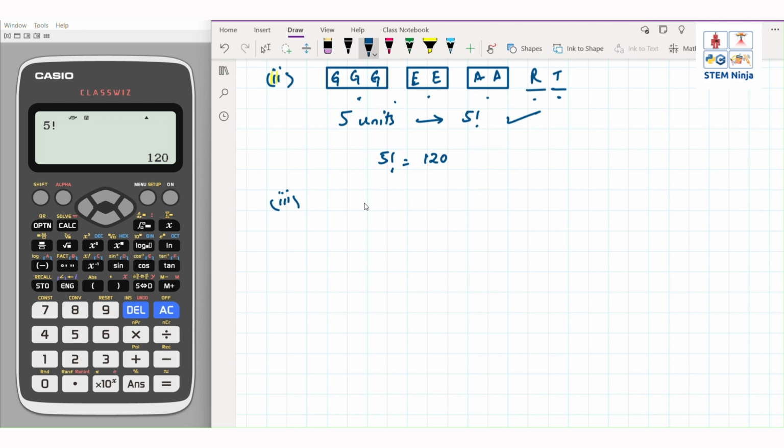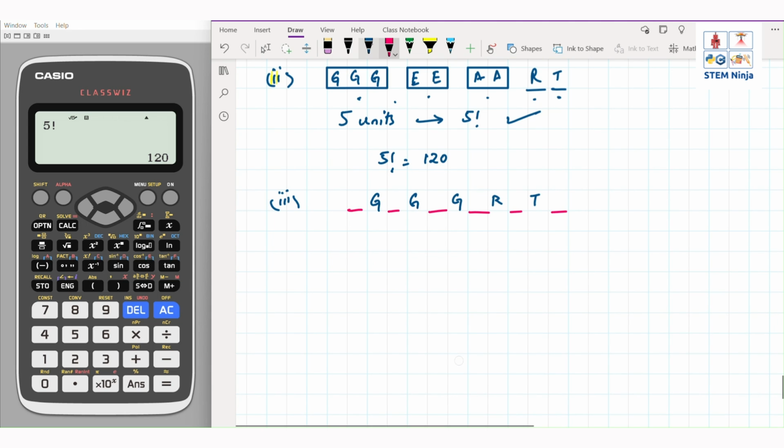We have consonants G, G, G, R, T. Obviously, this is not the only arrangement, but we're just playing around with this. However, for vowels, we can have 1, 2, 3, 4, 5, 6 places for the vowels.